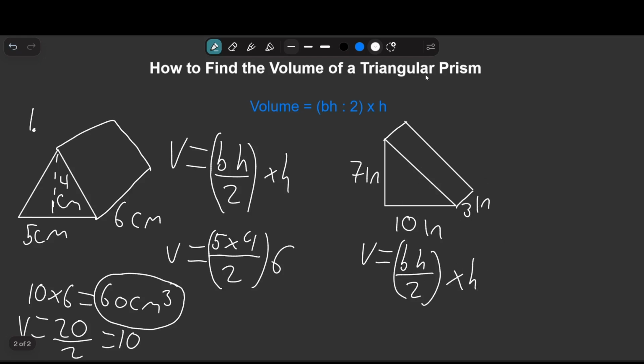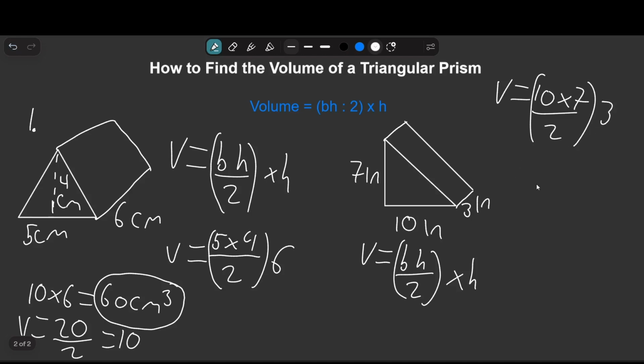So now we can see our base is 10. So we do 10 times our height of our triangle, which is 7. 10 times 7 divided by 2, put these in parentheses, times our height, which is 3.